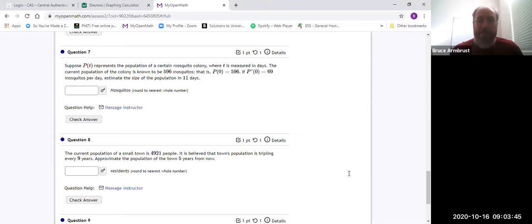We're told how many people we're starting with, 4,921. And we're also told how it's changing. We're not told how many people per year, but we are being told it's tripling every 9 years.